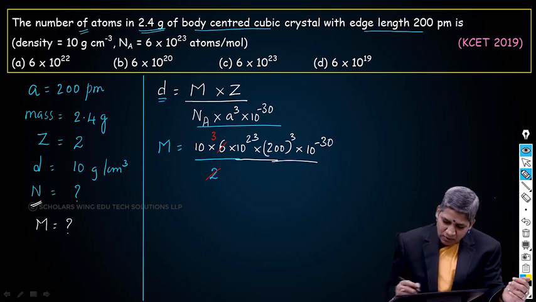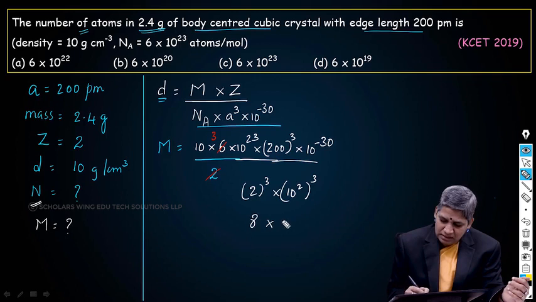Now we have 200 whole cube. How can you simplify this? We can say 2 cube into 100 whole cube. 100 is 10 power 2, so that will be 10 power 2 whole cube. 2 cube is nothing but 8, and this is 10 power 6. And we already have 10 power 1 right here, 10 power 23 and 10 power minus 30.